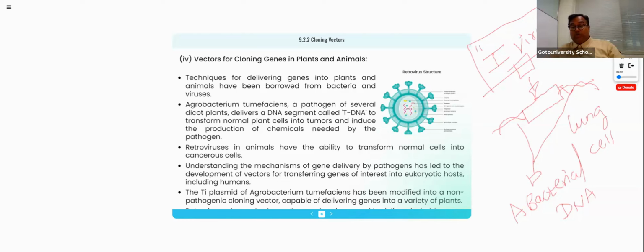All viruses are not retroviruses. Only certain viruses, retroviruses, have RNA as the genetic material. By introducing the foreign gene of our interest into the target lung cell using influenza virus DNA, I can make the lung cells produce valuable components, so that proper gas exchange happens in the lungs.